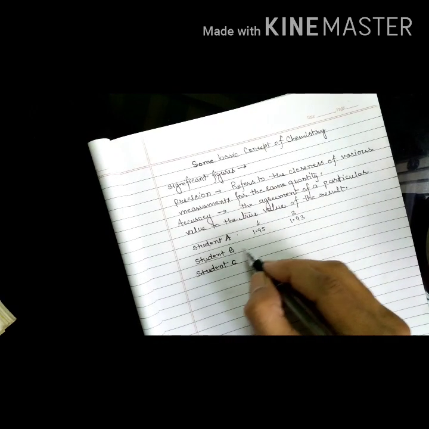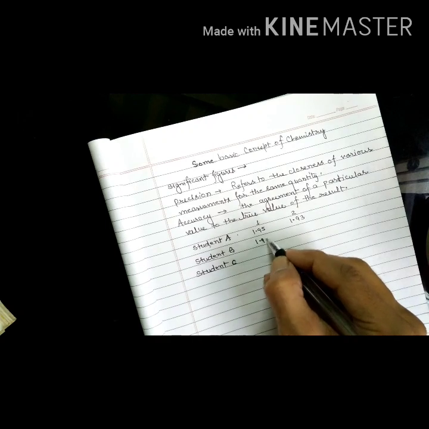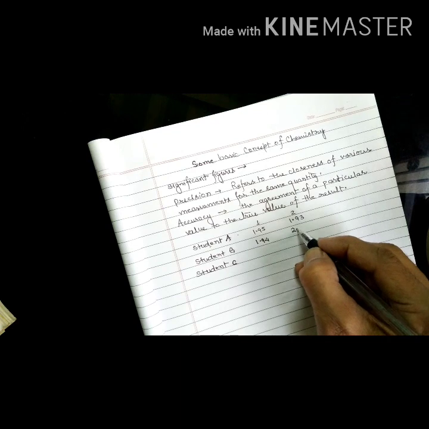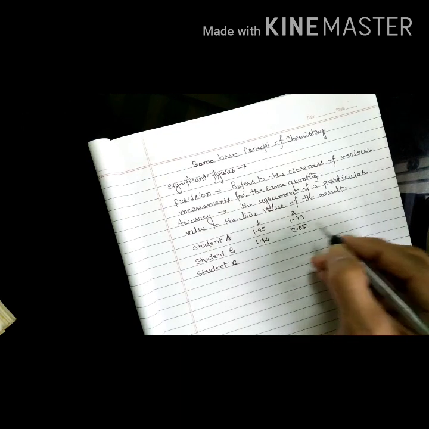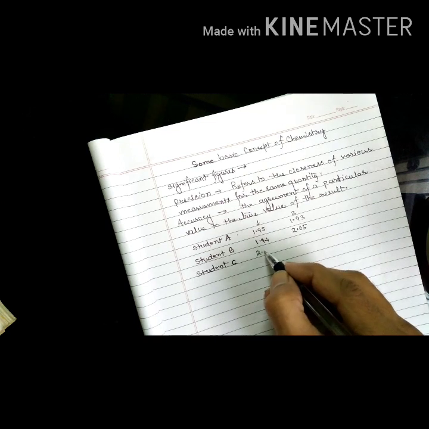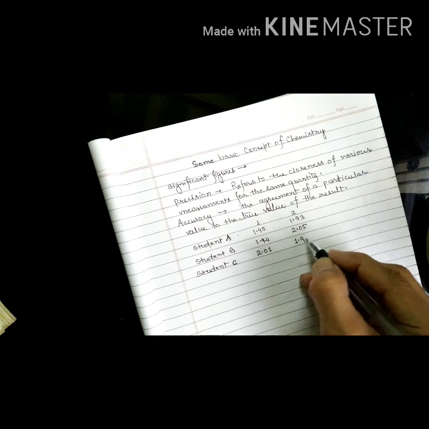B, while performing the same experiment, its first value comes to 1.94 and second value comes to 2.05. C, first experiment 2.1, in second experiment 1.99.